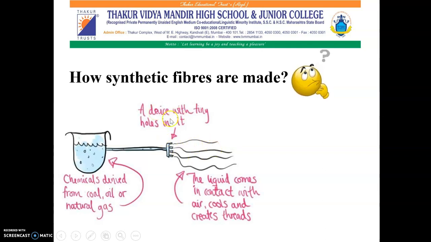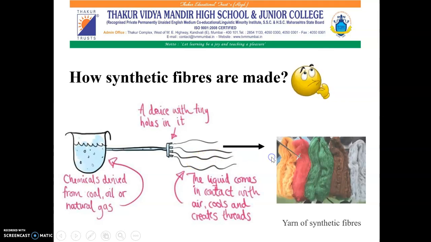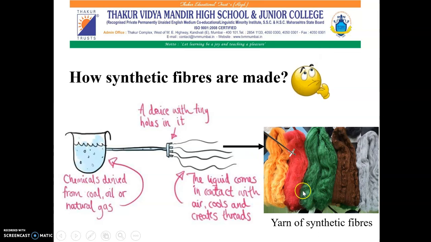Over here you can see when the polymer solution is passed through the strainer having the fine holes, the thread-like structure is formed. So this liquid, when it comes in contact with air, becomes solid and turns into threads. These threads are twisted to obtain yarns. After dyeing them, different colors of yarn are formed.